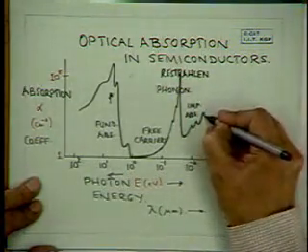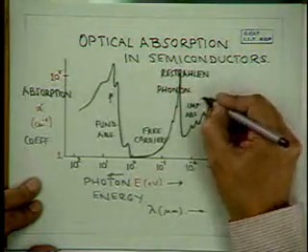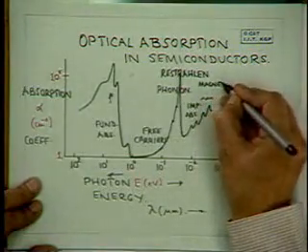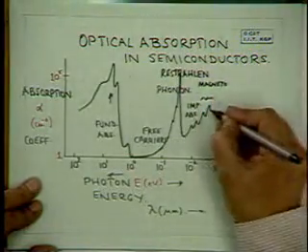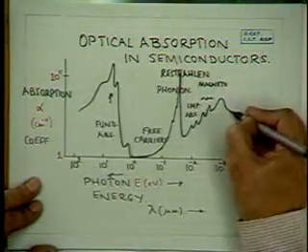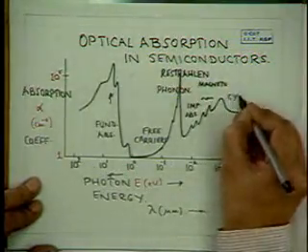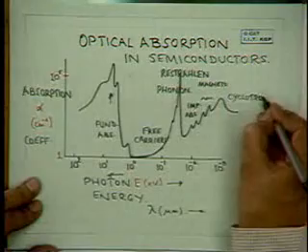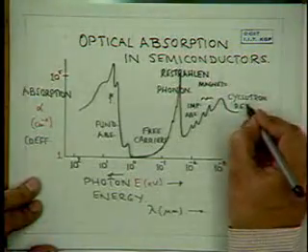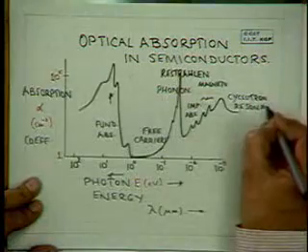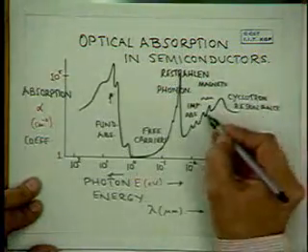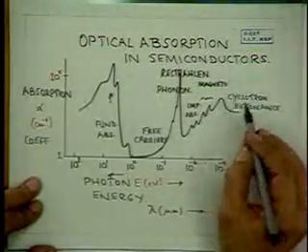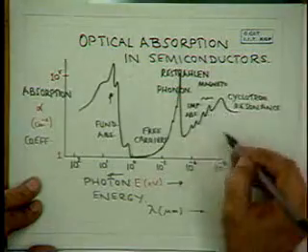Thereafter, there are certain absorption bands due to magnetic fields called magnetoabsorption. And finally, we have very long wavelengths. We have cyclotron resonance. Both these are absorptions that occur when a magnetic field is also applied.